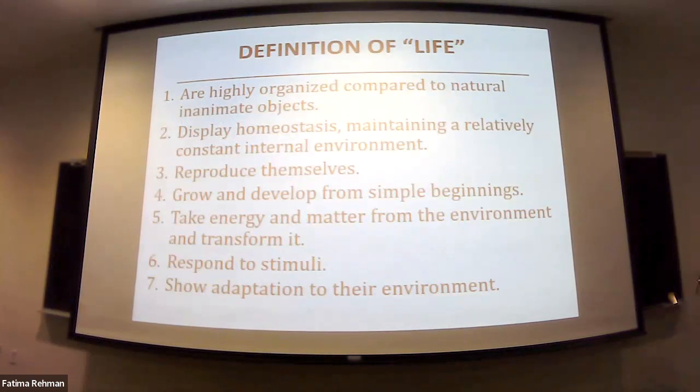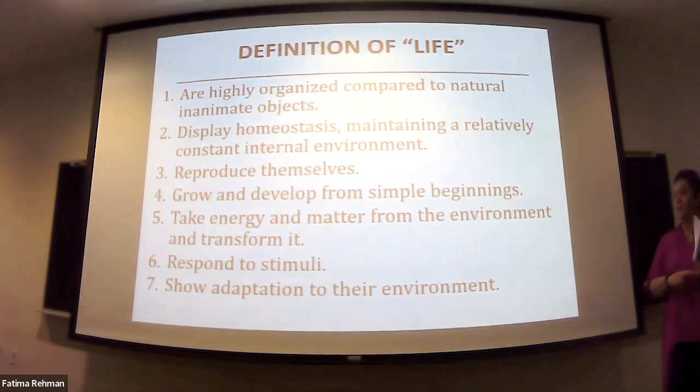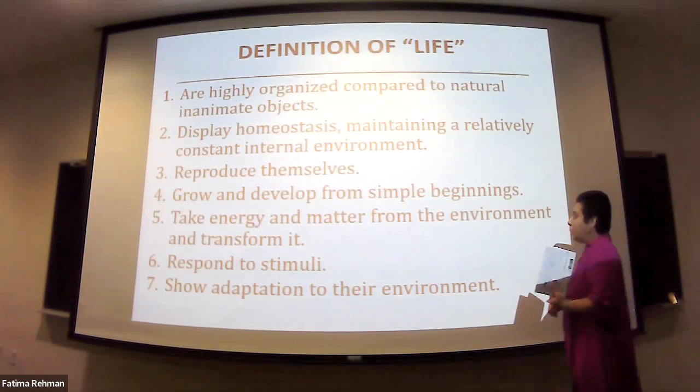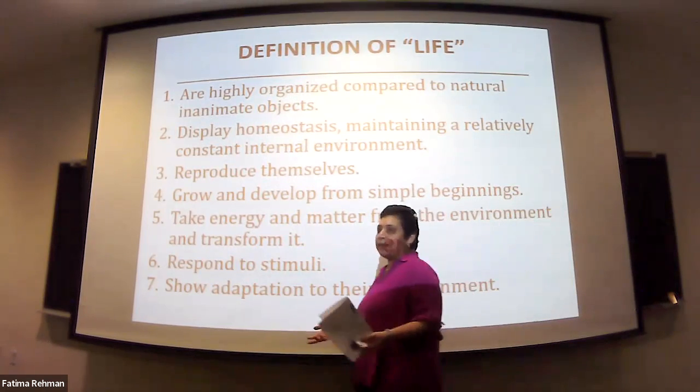So, living things in general, right? Life is very organized to begin with compared to inanimate objects, but they need to have some type of homeostasis, ability to maintain their internal environment so they can continue to survive. They need to be able to reproduce themselves and grow and develop from things that are around them, right?